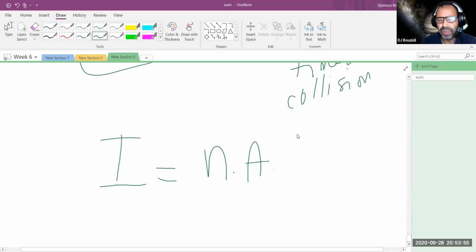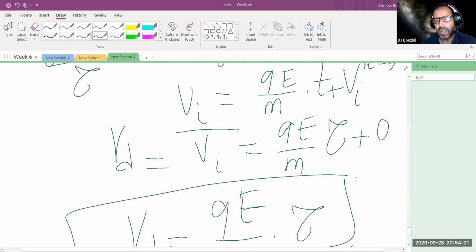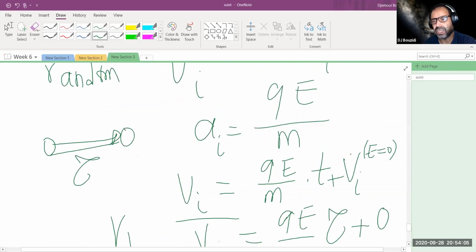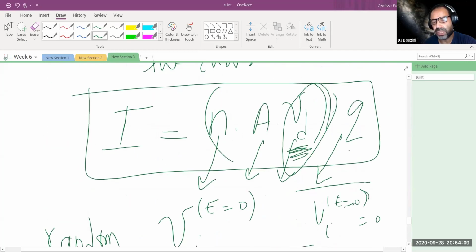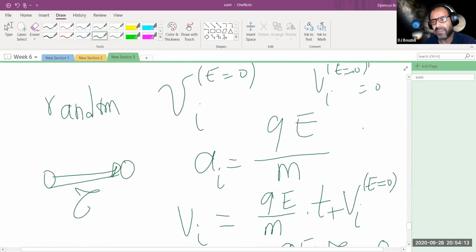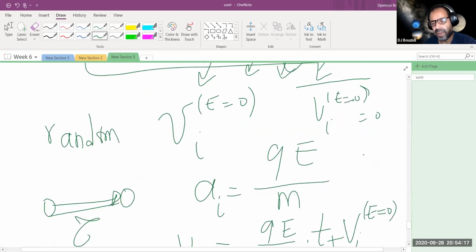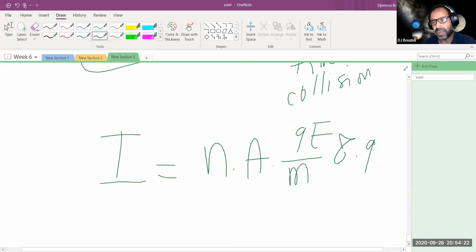So this is QE divided by m times tau times another Q. That is because I needed the charges themselves to find how many charges move per second. This is just the number of charges times Q, which gives me the charge per unit second. So now times another Q, that's where the Q squared is going to come into play.